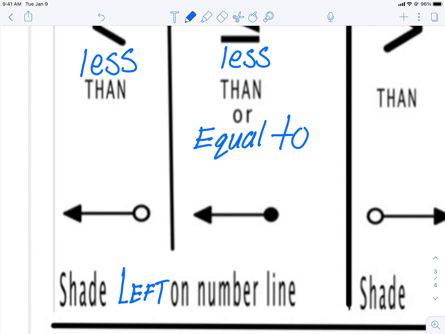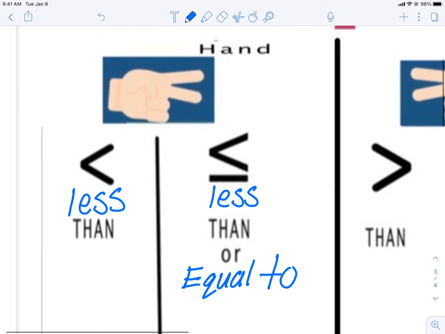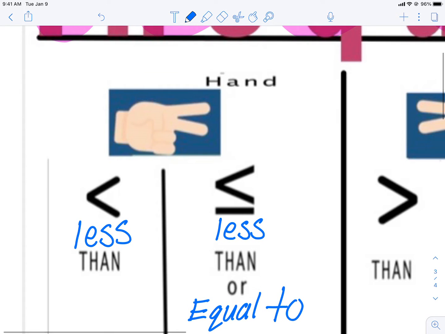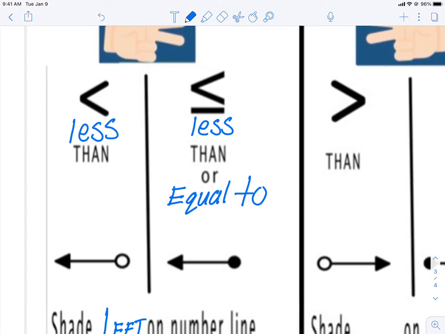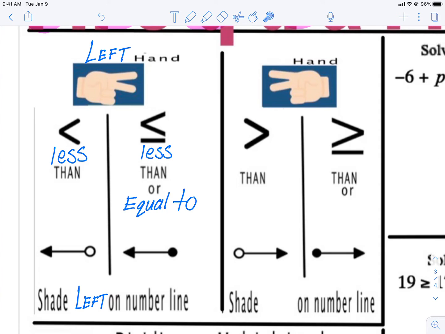We're going to shade left on the number line. So that's less than, right? With your left hand. That's why we go left. If you notice, there's a lot of L's here. Left means less than, less, and you shade left, right? A lot of L's.